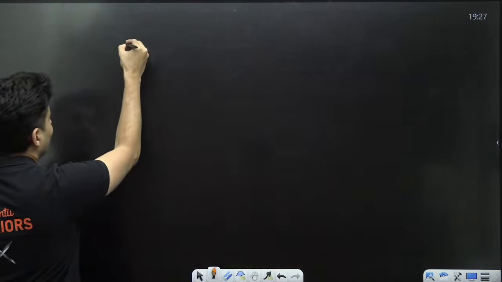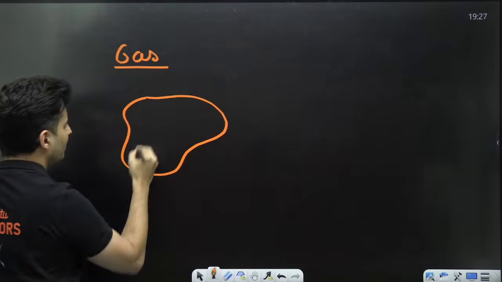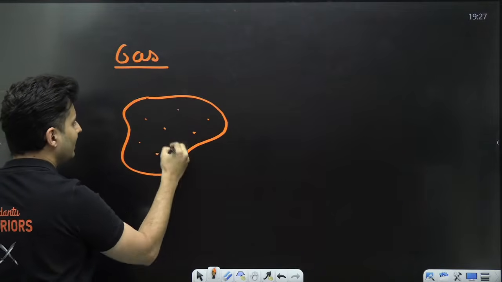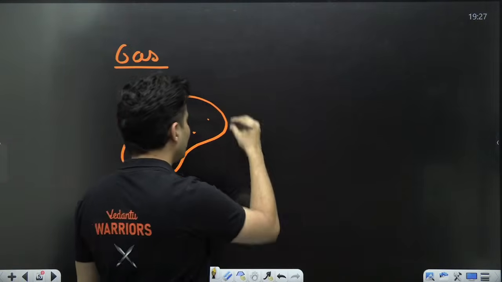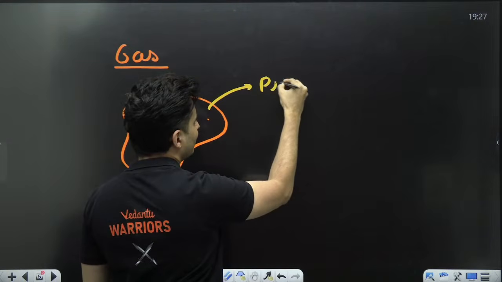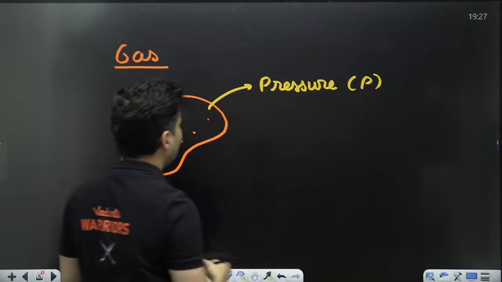So when you talk about a gas in a chamber, what are the different things that you can think about the gas? Come on, my dear students. Yes, you can think about the pressure exerted by the gas.